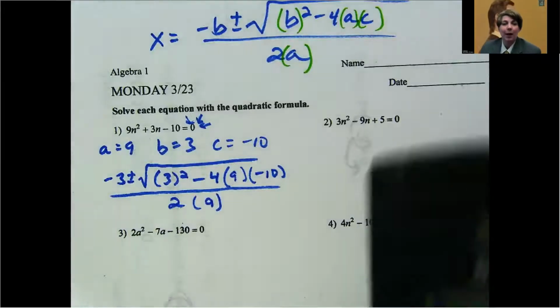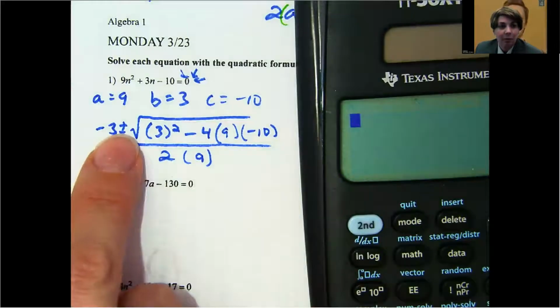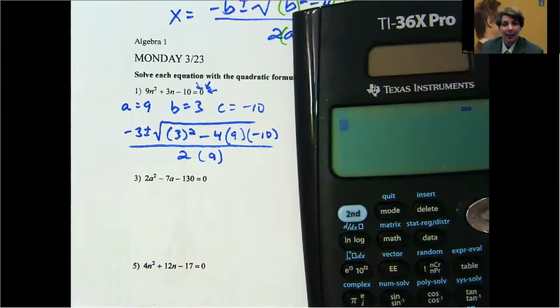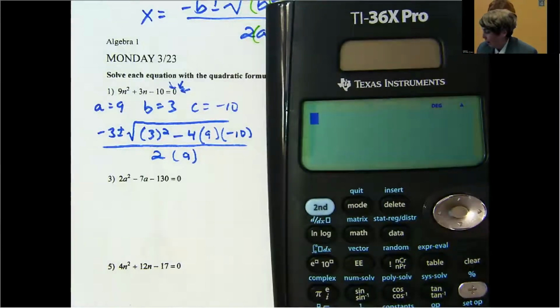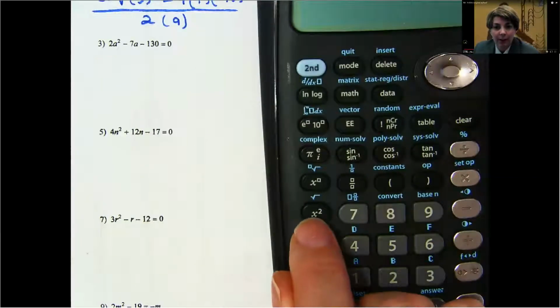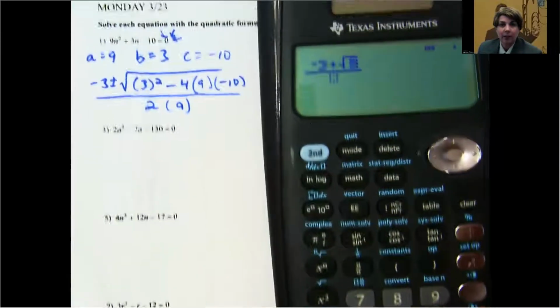All right, let's practice with those calculators. I'm going to do the plus option first, then I can backtrack and do the minus option second. So we've got fraction, negative 3 plus, then you want the square root. The square root button is above x squared, so you're going to hit second to get to it. So second, x squared.